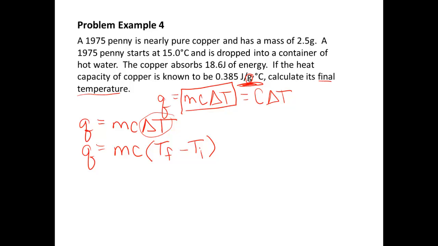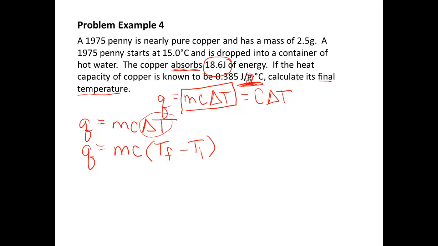Now we can plug in our values in order to find our final temperature. So our Q we know is 18.6 joules. We need to decide whether this is a positive value or a negative value. We talked about this when we were talking about exothermic and endothermic processes. So we can decide using the word right before it, absorbs. Absorbs means it's gaining.